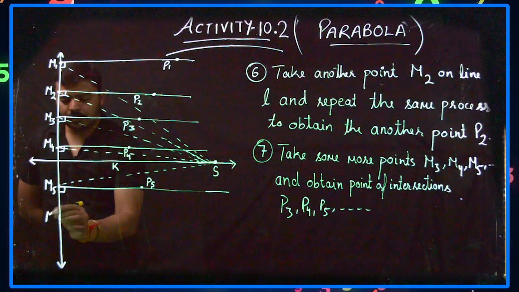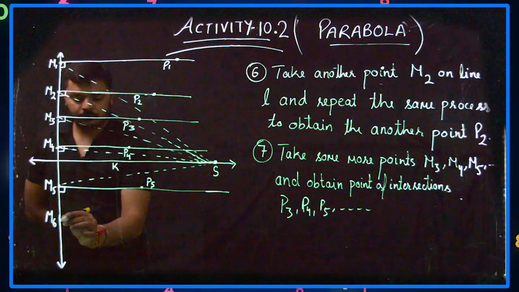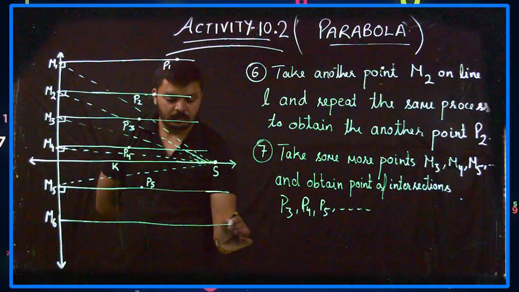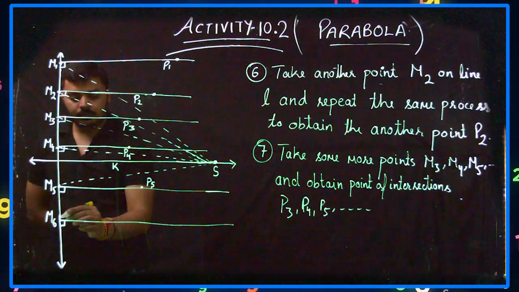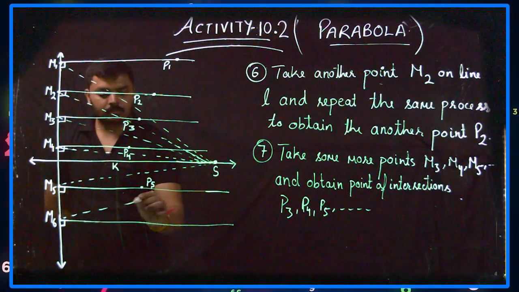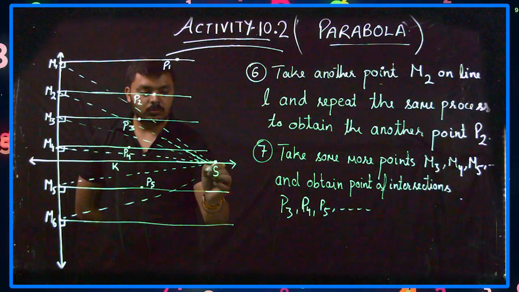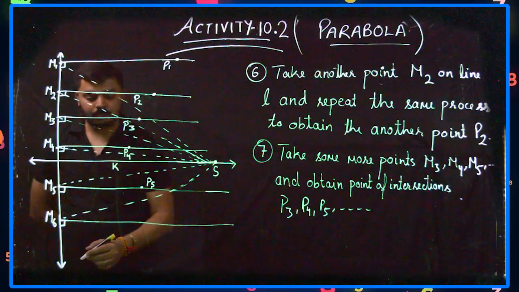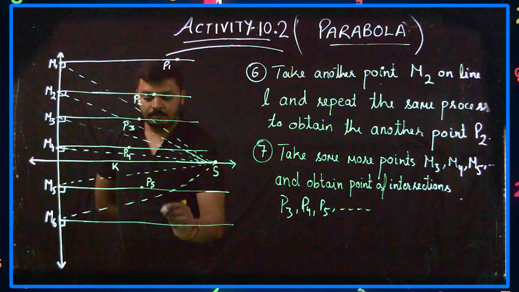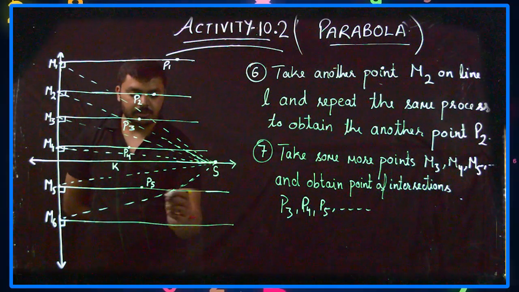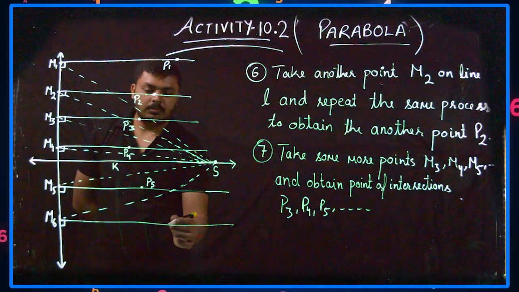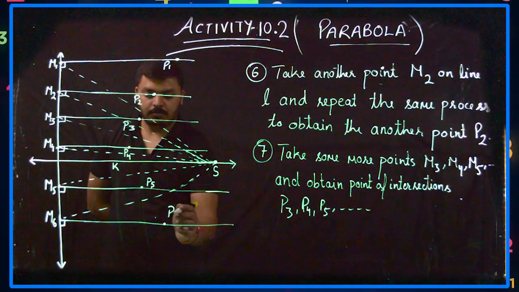Take a point M6, draw a perpendicular to line L, join M6 to S and take the perpendicular bisector of M6S, which cuts the line at point P6.